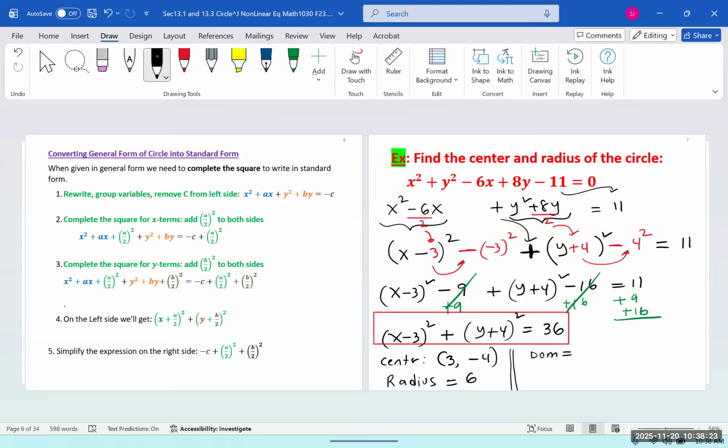What is our domain? Remember, domain comes from here. So 3 minus 6, 3 plus 6, and how much? Negative 3 to 9. And it's a bracket because we don't have a hole in our circle. If we don't have a hole, it's a bracket. And range comes from here.